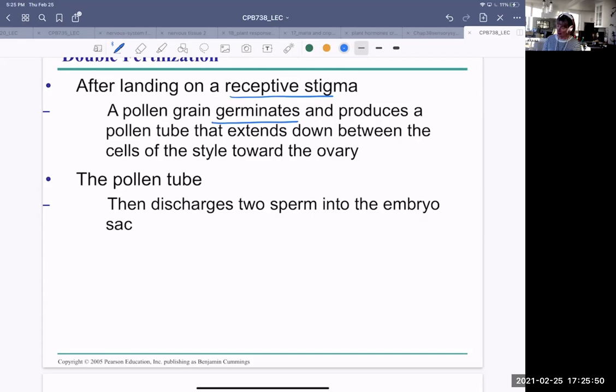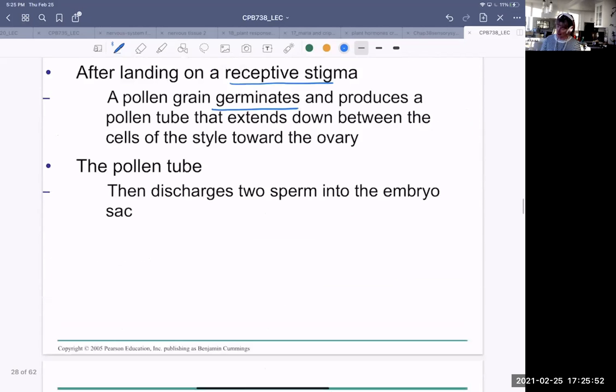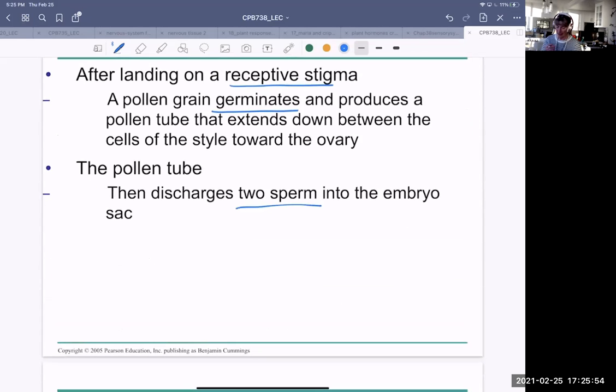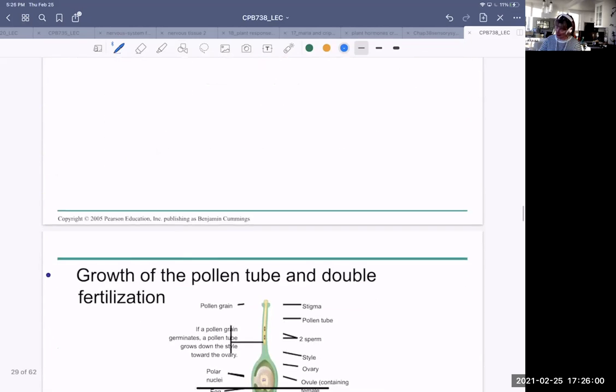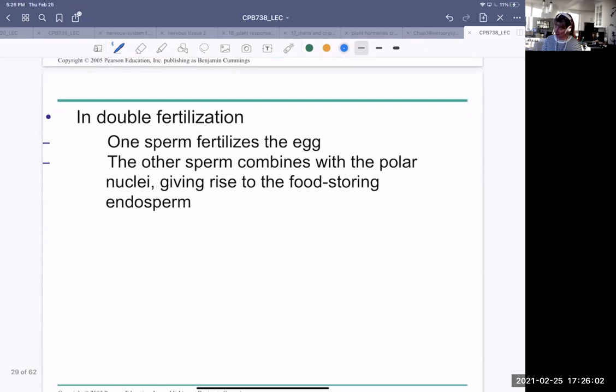And then the pollen tube discharges 2 sperm into the embryo sac. And with double fertilization, 1 sperm fertilizes the egg and the other combines with the polar nuclei, giving rise to the food storing endosperm, which may or may not get passed on to the cotyledons, possibly get passed on.